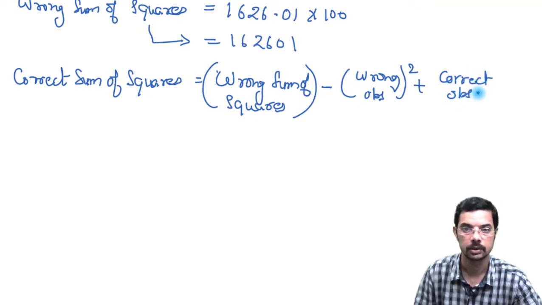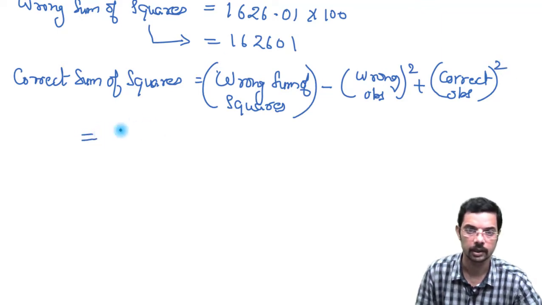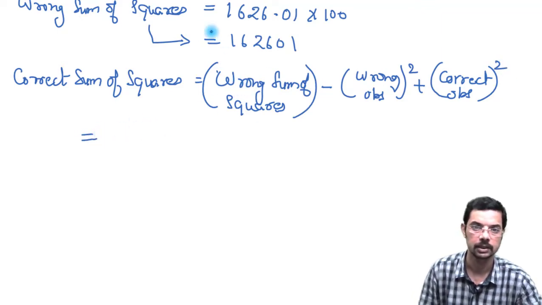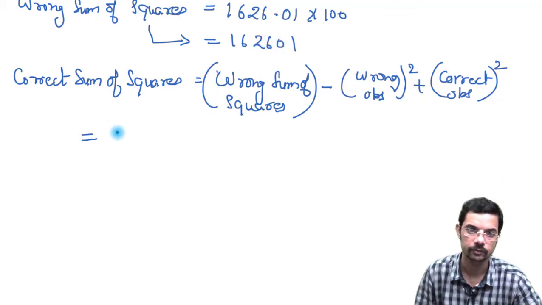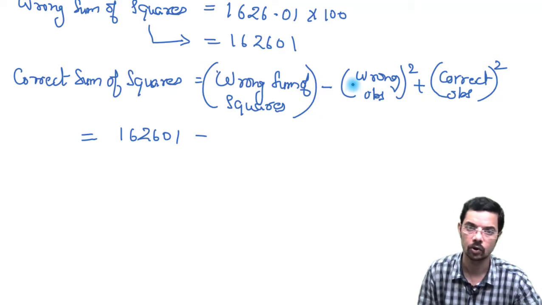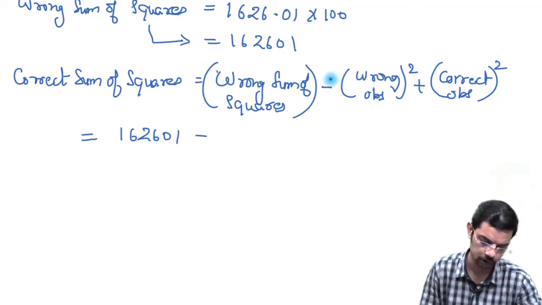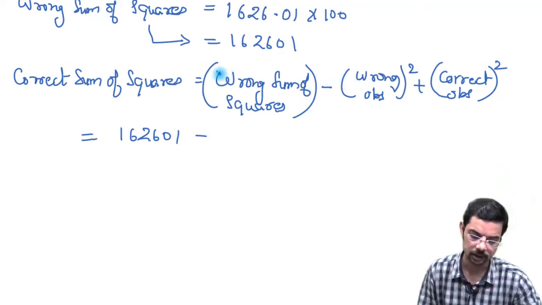So what we get here? The wrong sum of squares is 162601, so we get 162601 minus, what is the wrong observation? Wrong observation was with us.